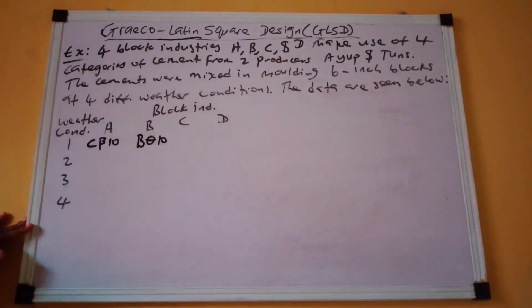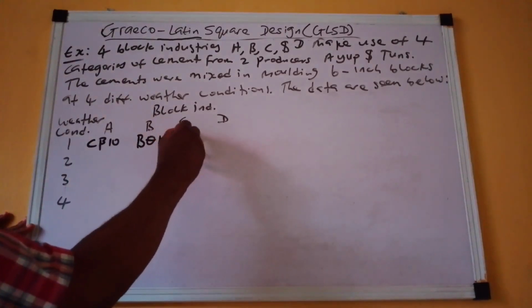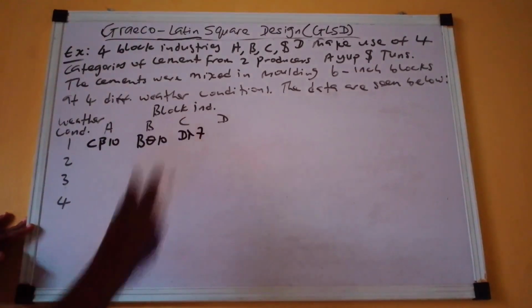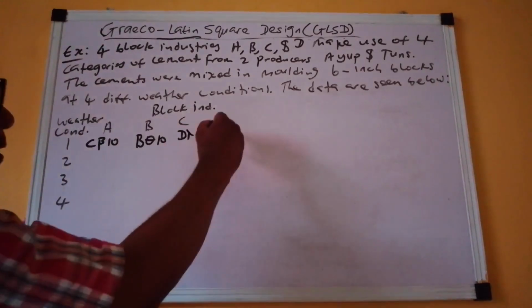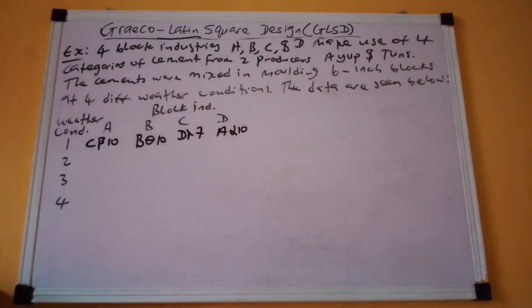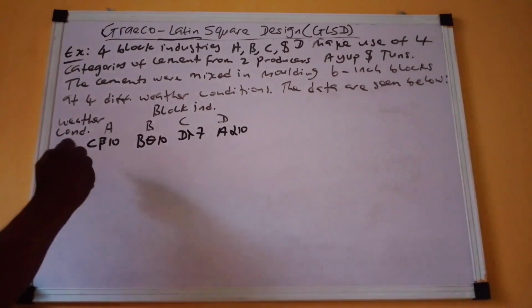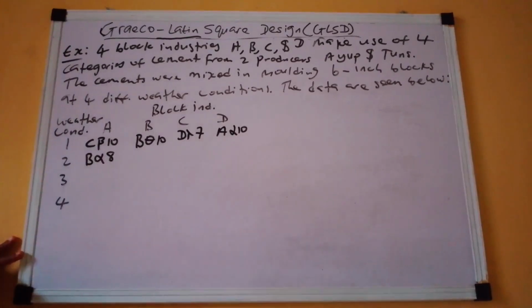Then under C is D lambda, and D lambda is 7. And under block industry D, we have A alpha, and that is 10. Then for the second weather condition, we have B alpha, and that is 8.